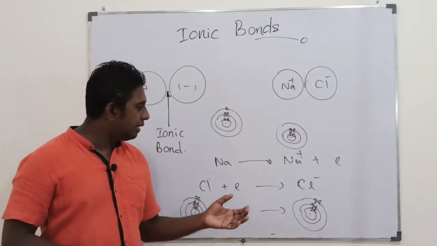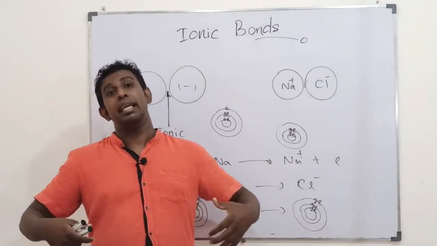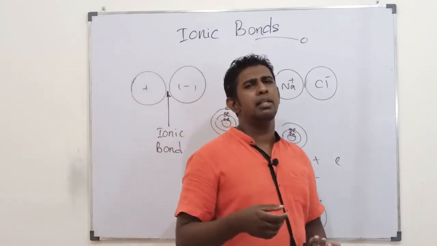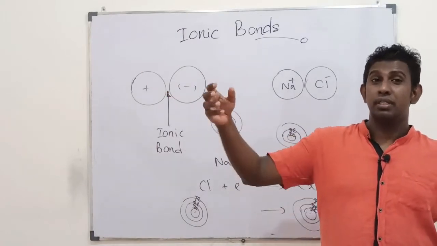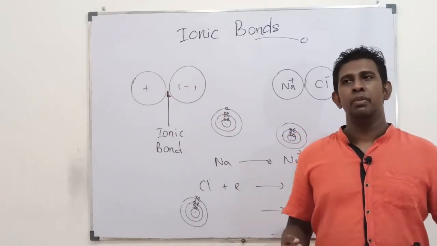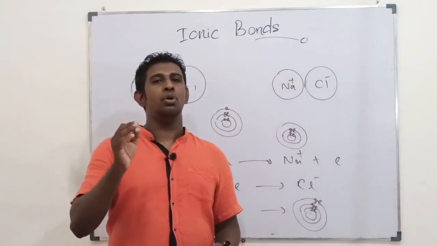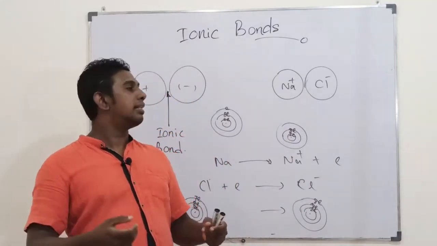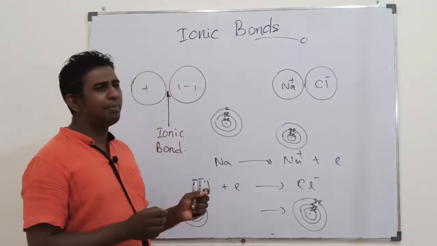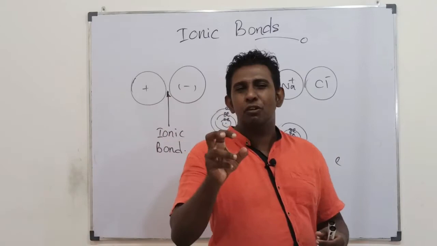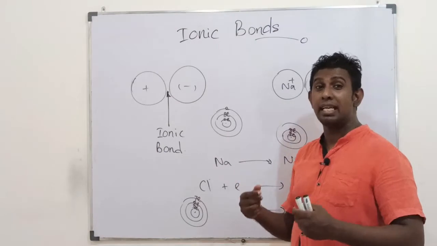It's possible for chlorine to gain an electron from some other source as well. You can't limit it, and you can't say that chlorine must gain the electron given by sodium. It's a misunderstanding if you have that. Anyway, simply, ionic bonding is the electrostatic attraction force between two oppositely charged ions.